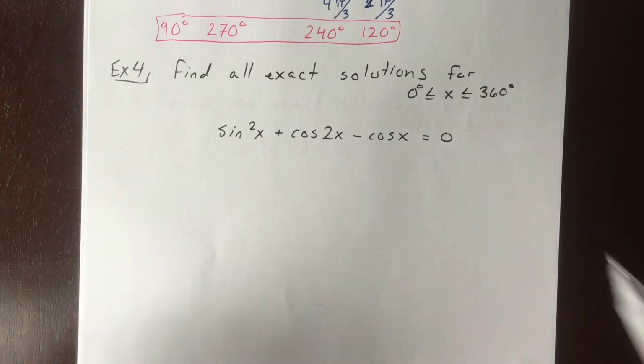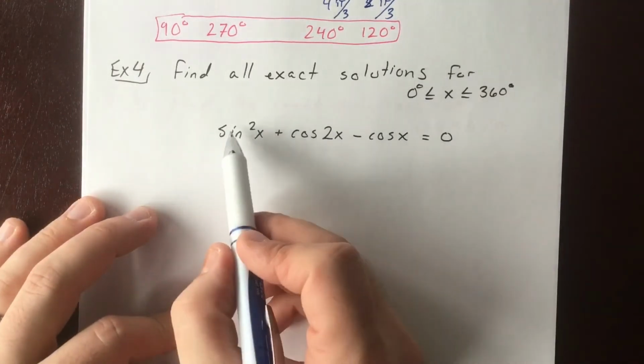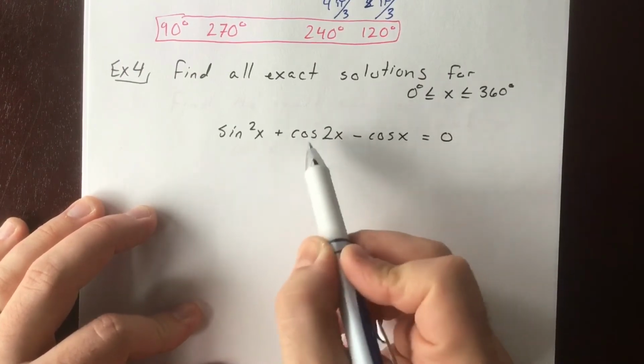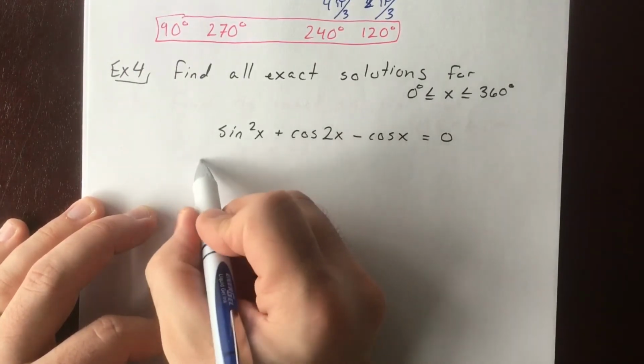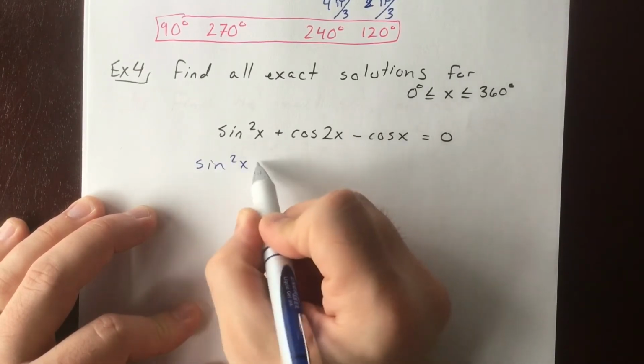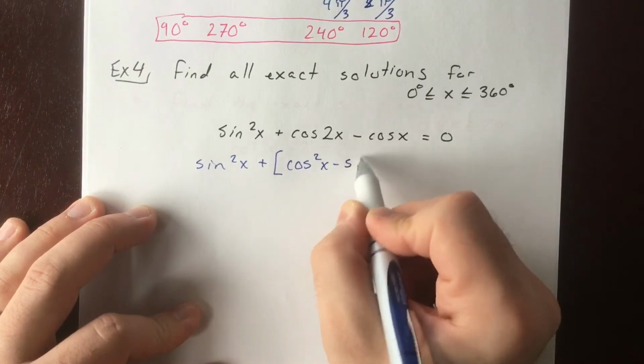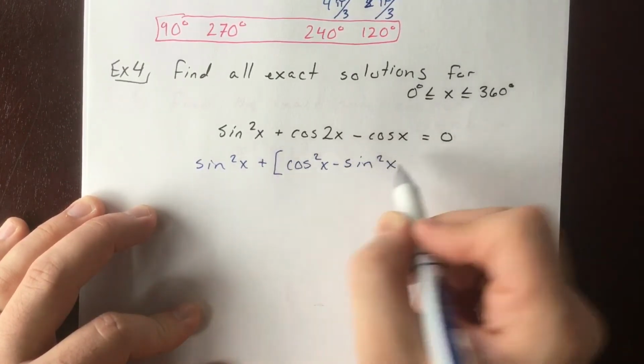So how? Let's wait a minute. Can't we get a minus sine squared from this? Let's see what happens. So sine squared of x. This is cosine squared minus sine squared. That's going to be nice for us.